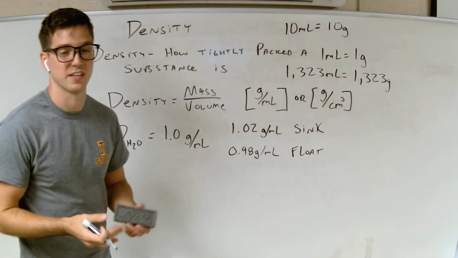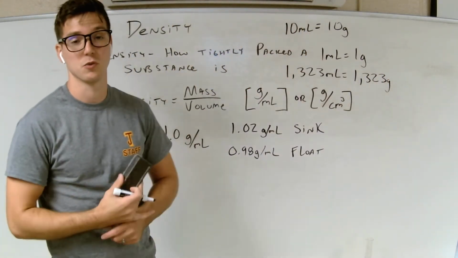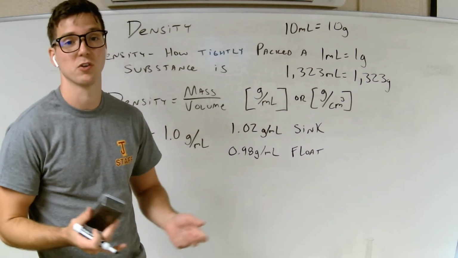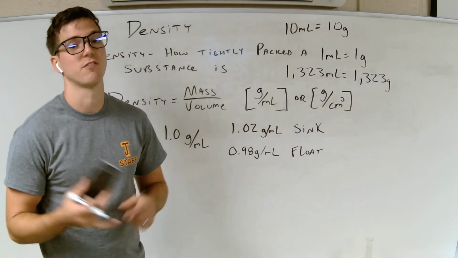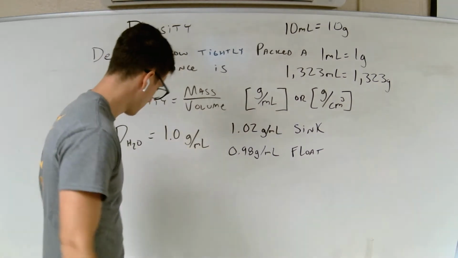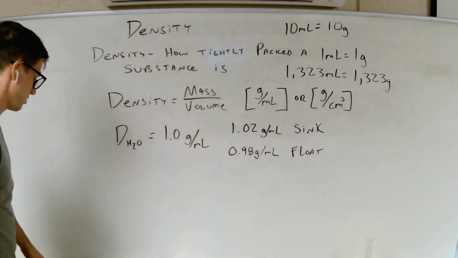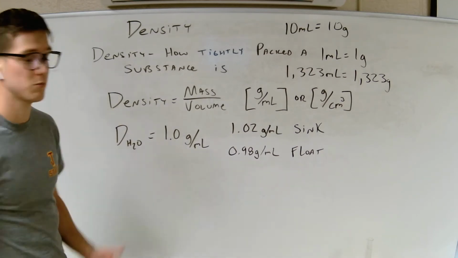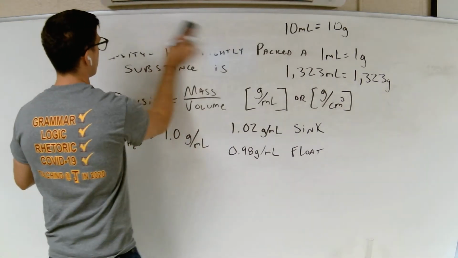Okay, so that's a good thing to know, because sometimes I might just not give you mass of something, I might just give you the volume instead, but you know that the volume in milliliters will always equal the mass in grams. So let's go ahead and do a quick example just with this basic density equation.